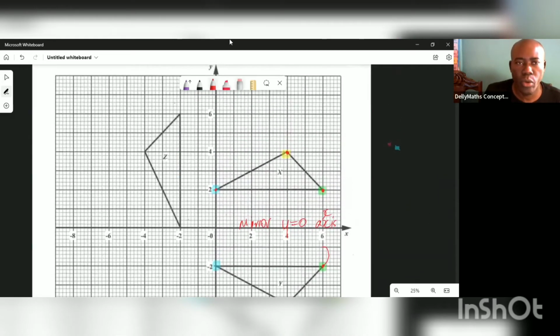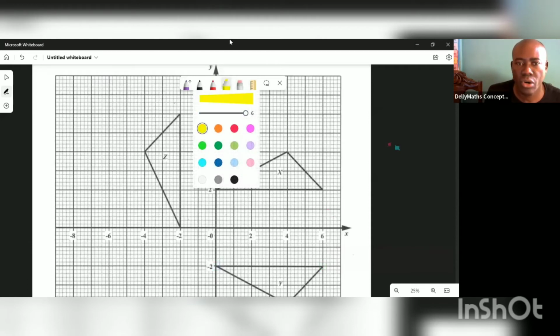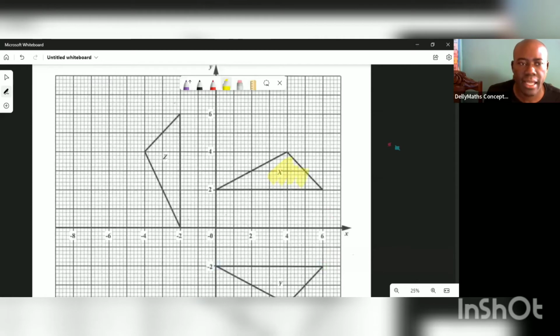So we want to pay attention to which maps triangle x onto triangle z. This is triangle x here. Let me just highlight my triangle x. This is my triangle x, and this is my triangle z. So we're saying then what transformation maps this onto that.